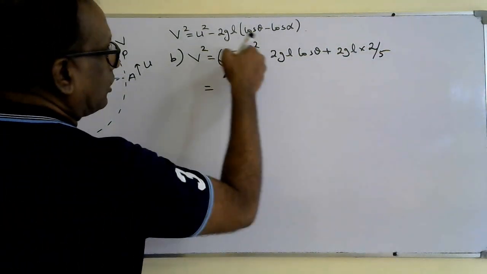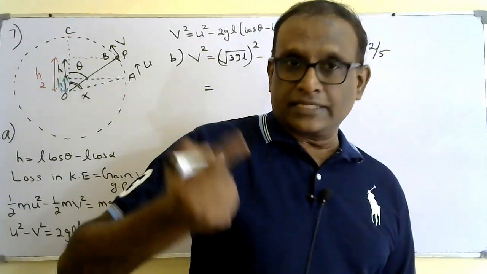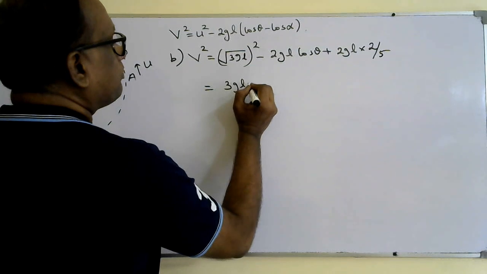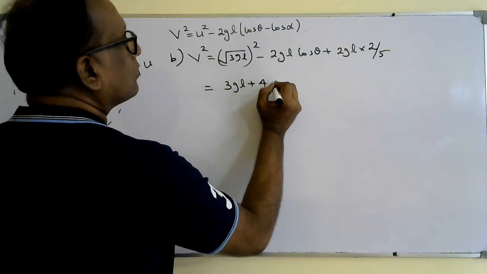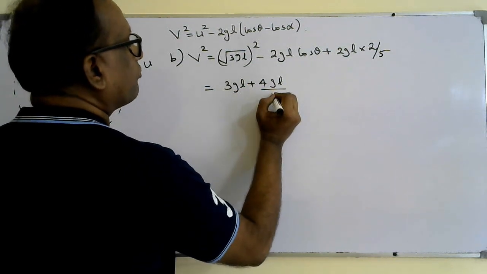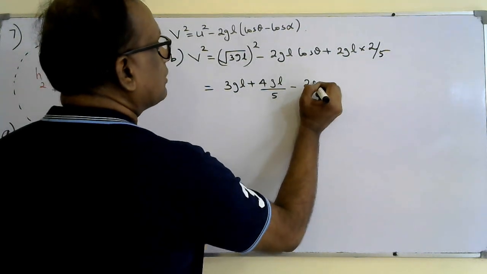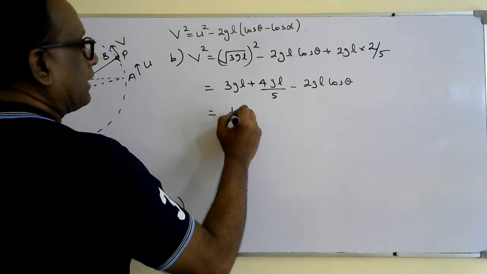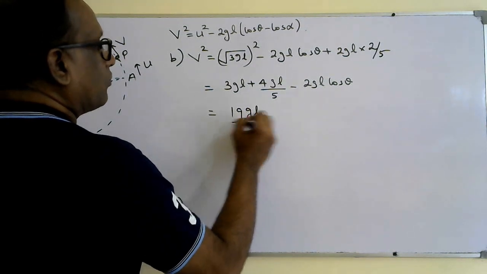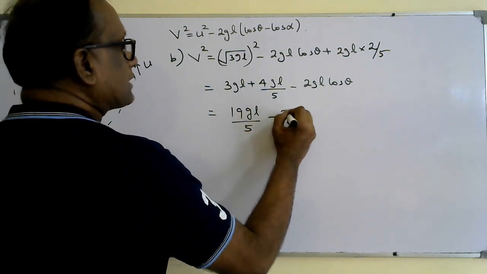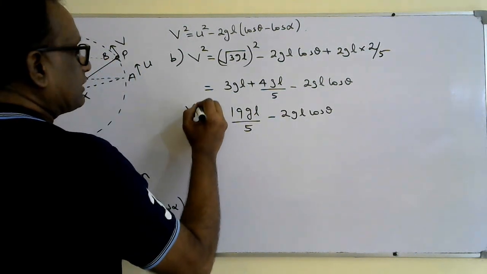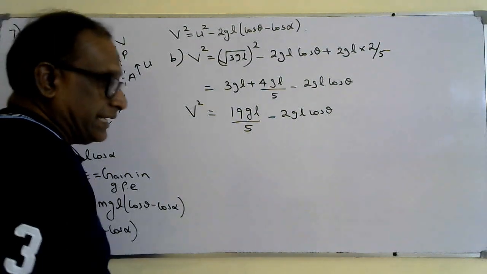The square root of 3gl all things squared is 3gl, plus 4gl over 5, minus 2gl cos theta. That is 15 plus 4, 19gl over 5, minus 2gl cos theta. Okay, so that's the general equation for the square of the speed.